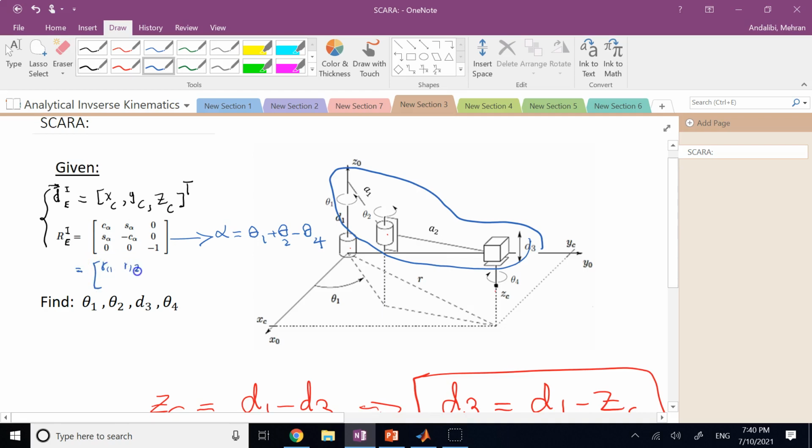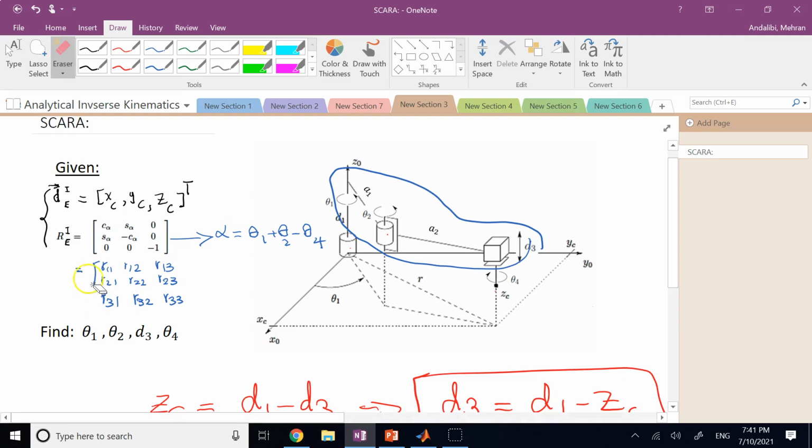R11, R12, R13, R21, R22, R23. And then let me move this out of the way. Also R31, R32, and R33, where clearly these are the 1,3, 2,3, 3,1, 3,2, they're all 0, and this guy is negative 1.